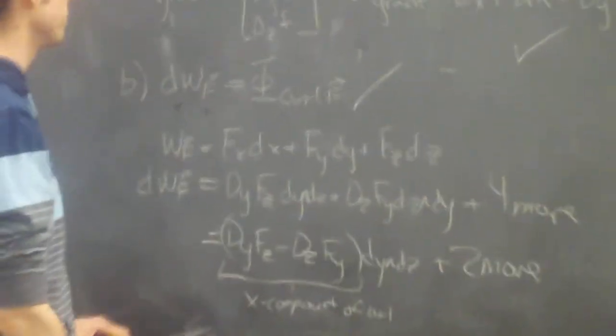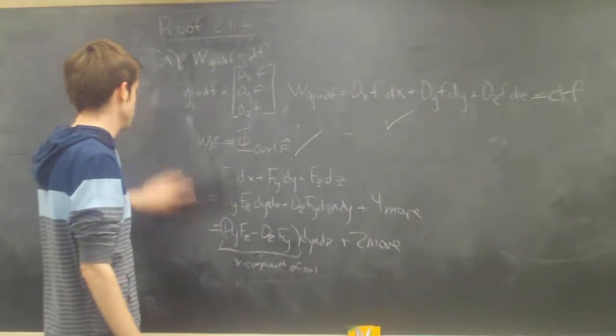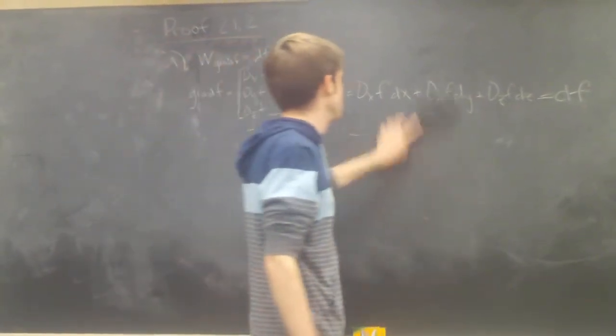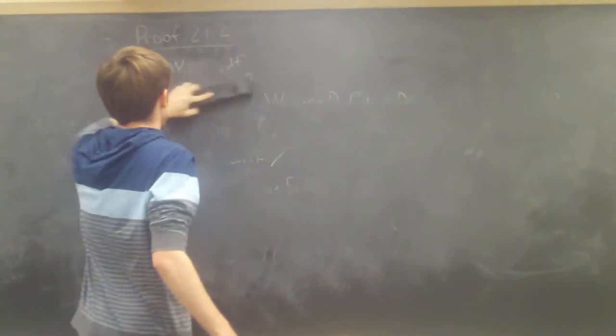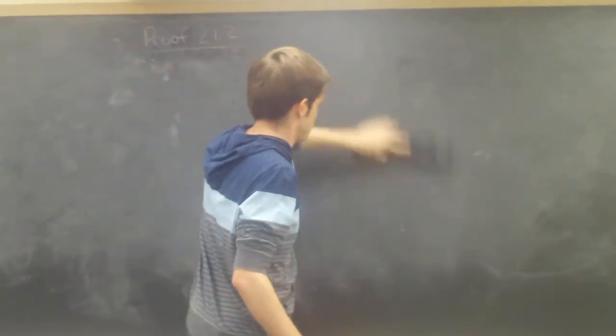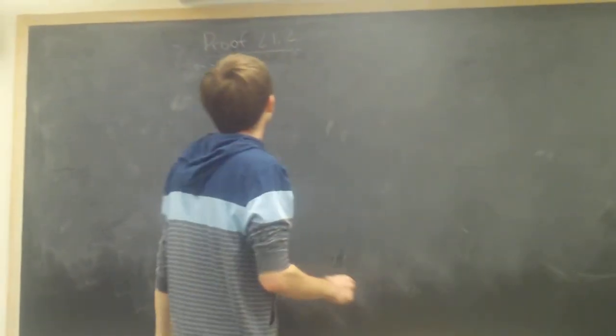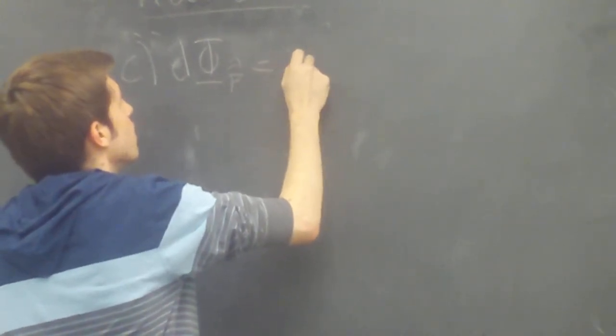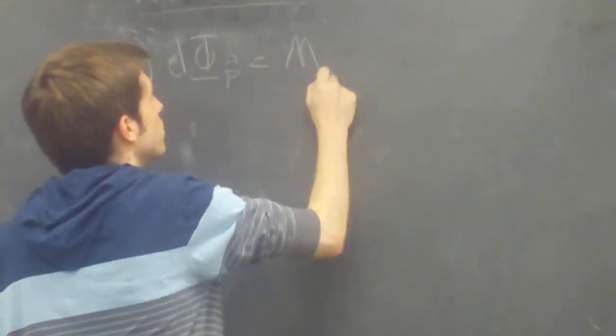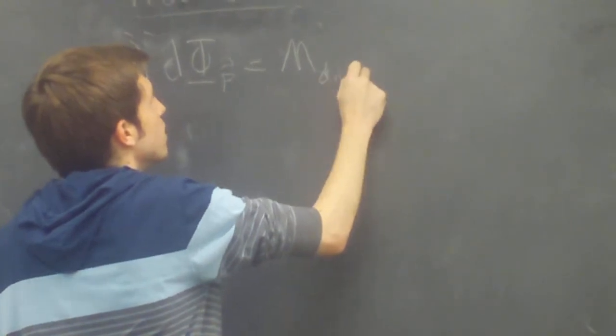So I'm going to erase these 2 things and prove the last step, so I can have more space. So the last thing I'm going to be proving is that the exterior derivative of the flux form of f is equal to the mass form of the divergence.